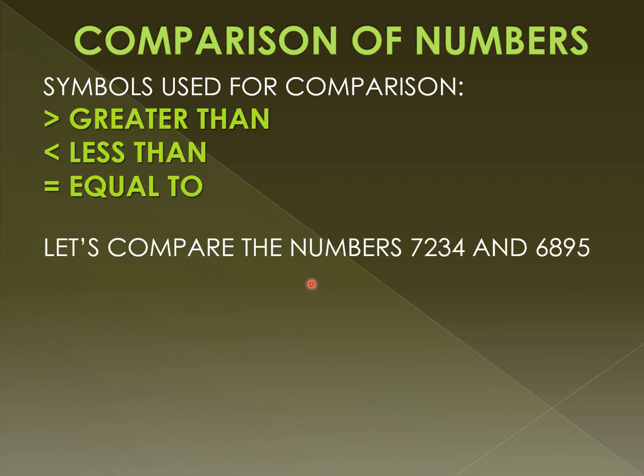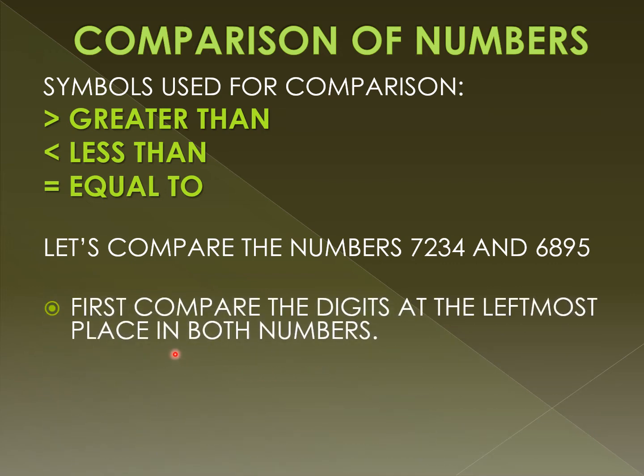Let's say we want to compare the numbers 7,234 and 6,895. These are our two numbers. Let's compare them. Let's see what are the steps that we need to follow.